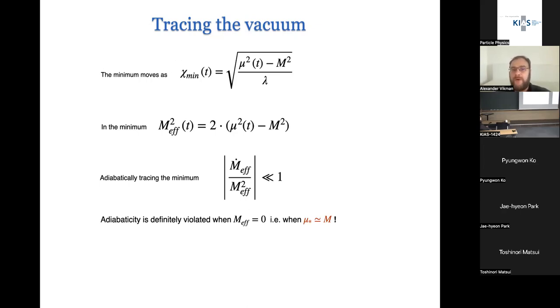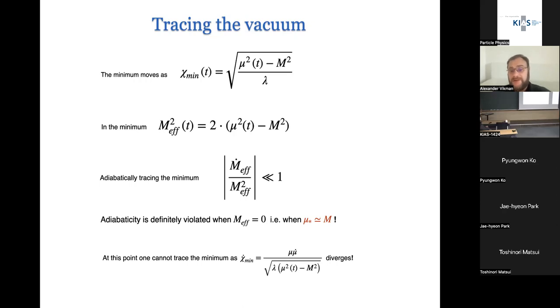But of course, before this m effective gets to 0, because our mu is redshifting, before that it's larger than m. So at some moment there will be a time, a moment of the evolution of the universe, when this adiabatic parameter is just 1. Okay, it's just slightly before the moment when mu is equal to m.